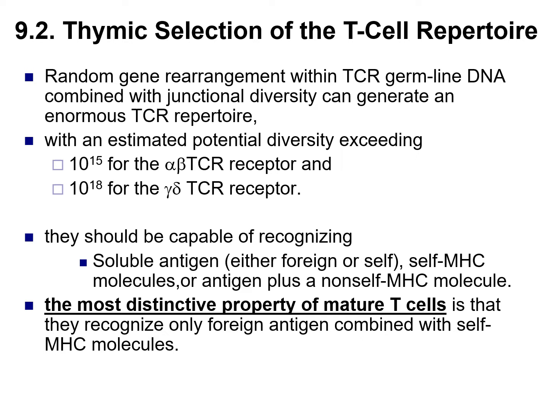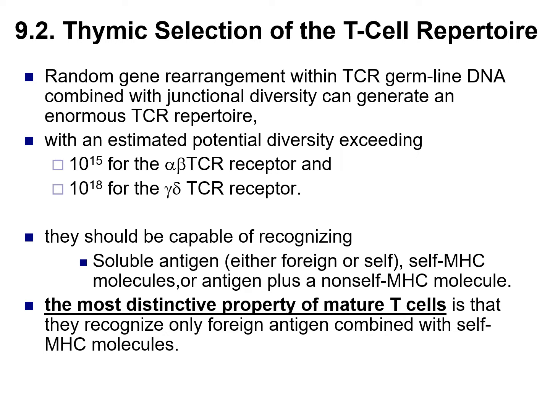We said that there are certain things required for the development of T cells. One of these is the rearrangement of the genes. Whether the cell will become a T cell or a B cell depends on this gene rearrangement.